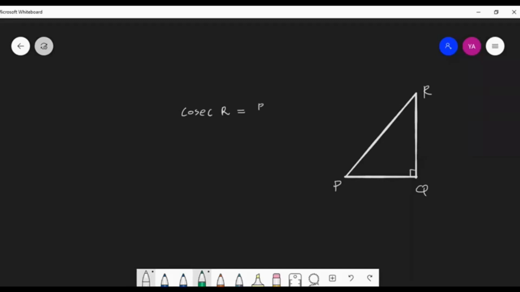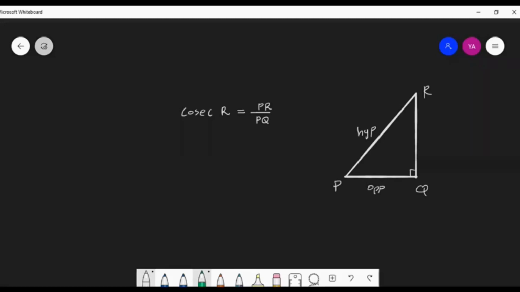PR by PQ. Cosec R is just the reciprocal of sine R. We know sine R is opposite side by hypotenuse. The opposite side of angle R is PQ, and the hypotenuse is PR. We take the reciprocal, so the hypotenuse in the numerator and the opposite side in the denominator. So PR by PQ will come.